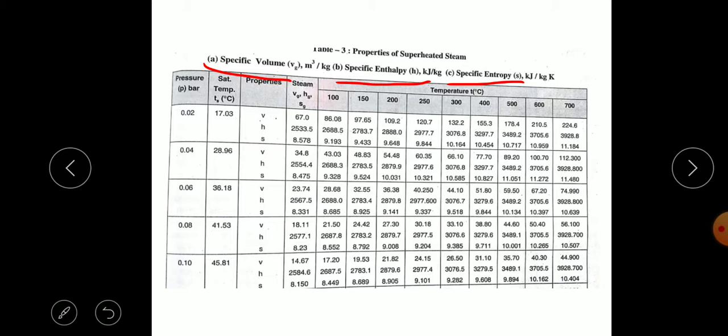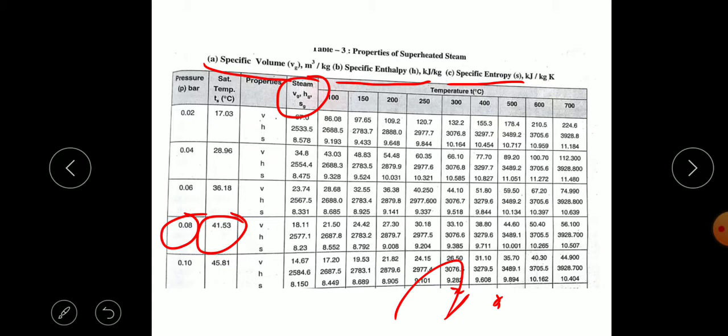So suppose corresponding to 0.8 bar pressure, the corresponding saturation temperature is 41. Three properties at saturation are given: Vg, Hg, Sg, meaning these properties are given on the vapor line, dry saturated, and our steam is in the superheated condition.